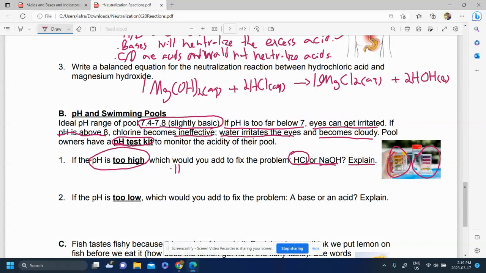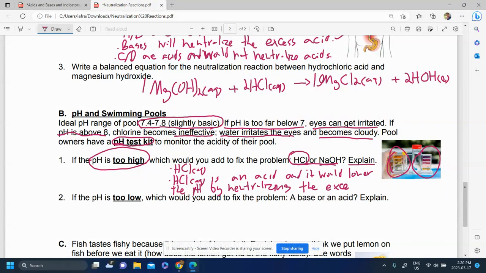So you would select HCl, and the reason for that is that HCl is an acid, and it would lower the pH by neutralizing the excess base.